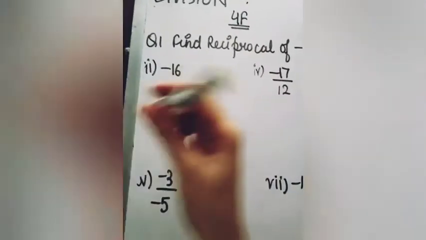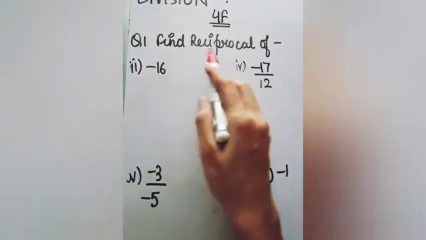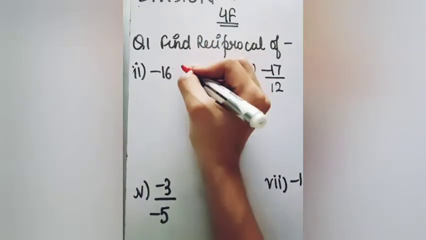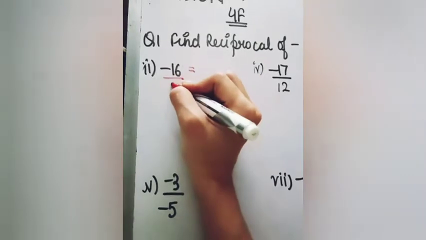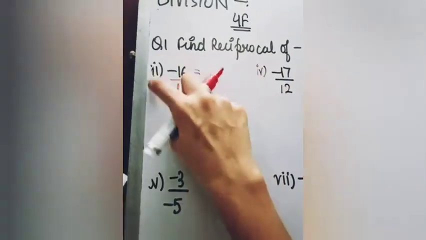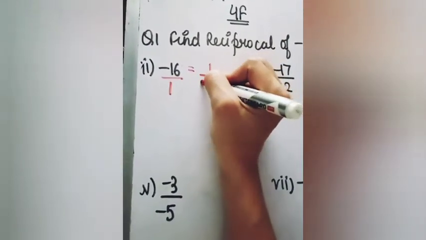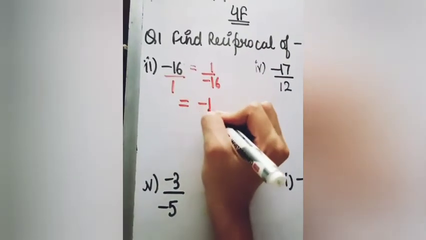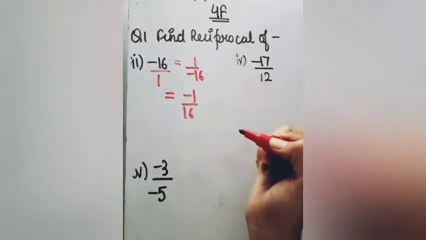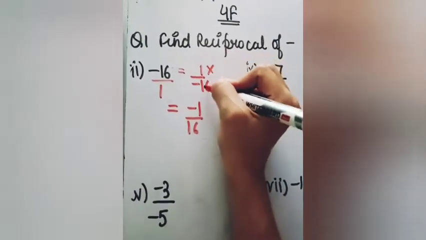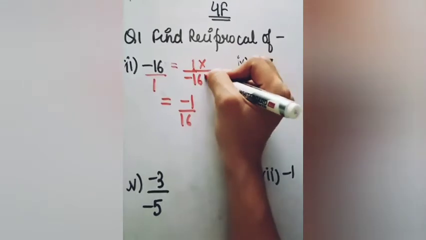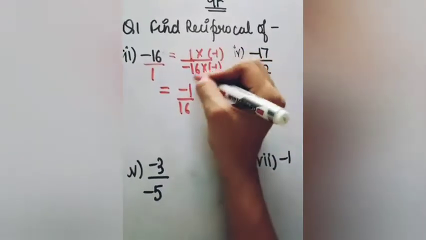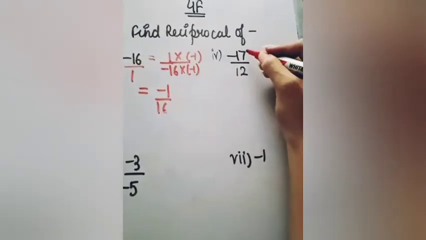Now we will do some questions of exercise 4F. First question is to find the reciprocal of the numbers. What is the reciprocal of minus 6? No denominator is there, we will put 1, and its reciprocal will be 1 upon minus 6, and we never keep a minus sign in the denominator, so it will be minus 1 upon 6. Whenever we have a minus sign in the denominator, we multiply it by minus 1. Next, what is the reciprocal of minus 17 upon 12?